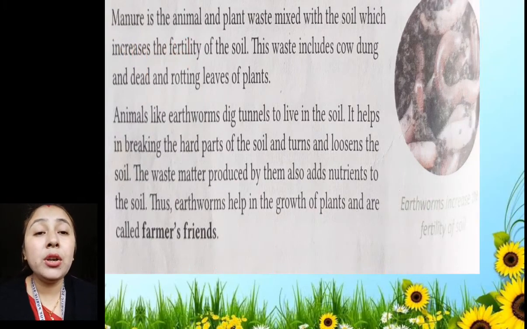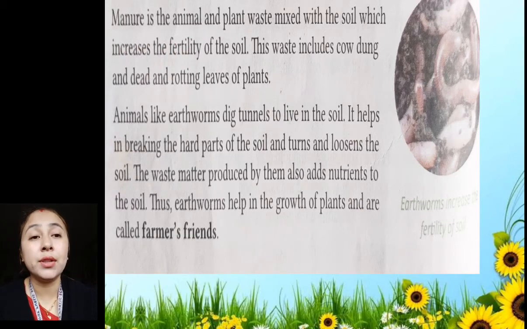So manure is the animal and plant waste mixed with the soil which increases the fertility of the soil. This waste includes cow dung and dead and rotting leaves of plants. So children, have you seen your mother planting different flowers? She grows flowers in your garden? Otherwise you must have also grown flowers in your garden.